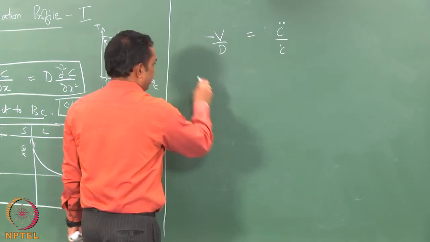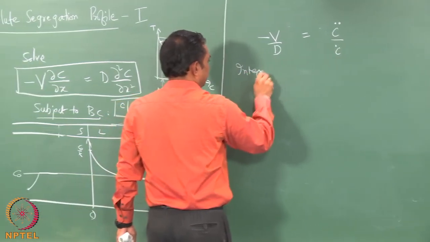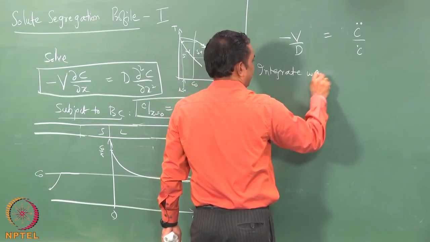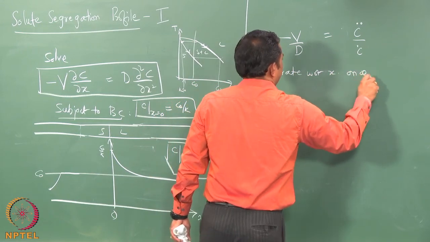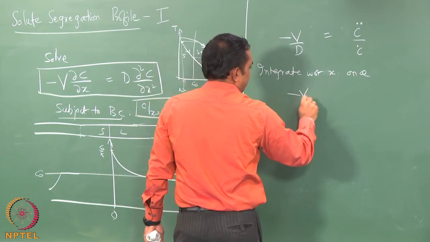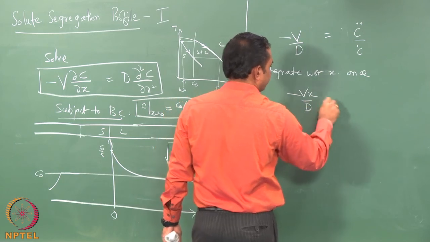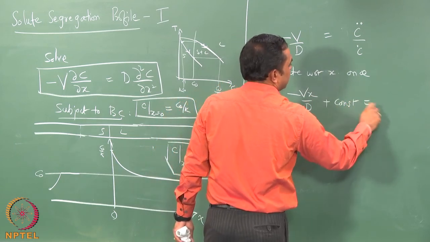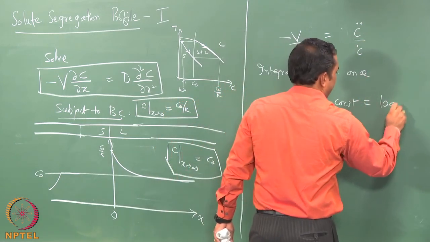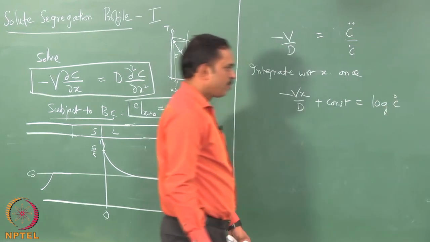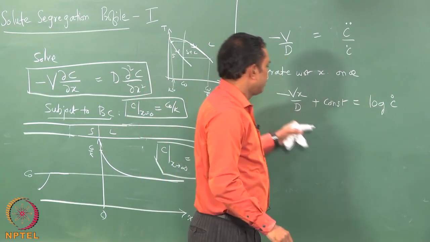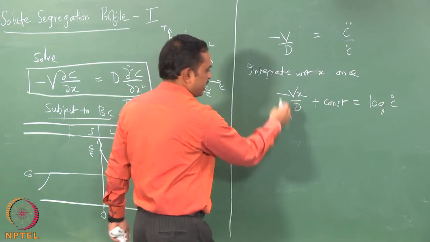So, integrate with respect to x, once and you get minus Vx by d plus constant is equal to logarithm of c dot, and you can then take the logarithm to the other side and you can see that it is exponential.